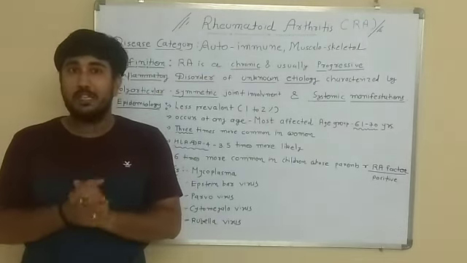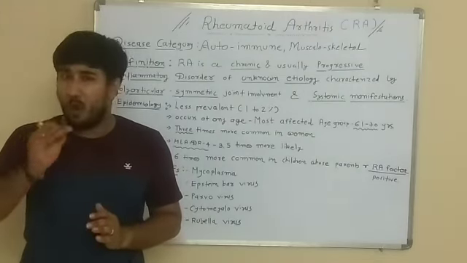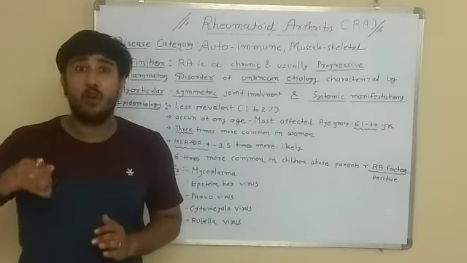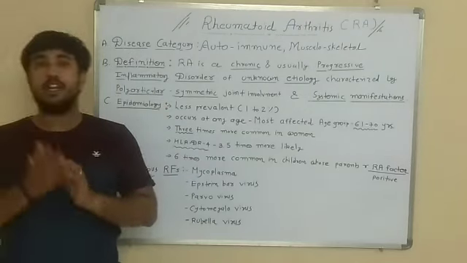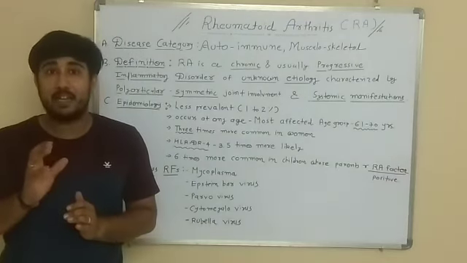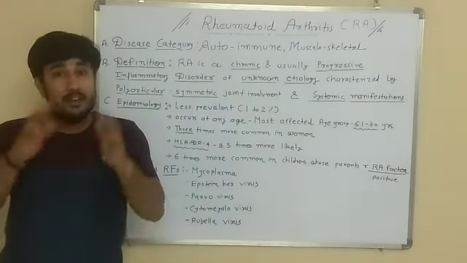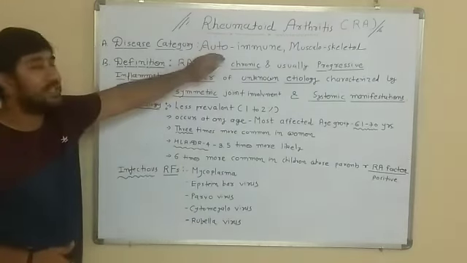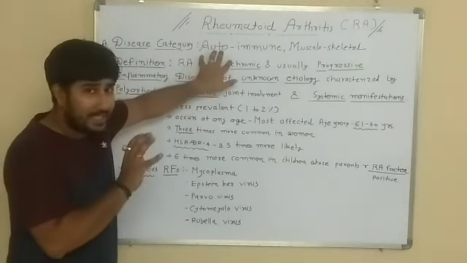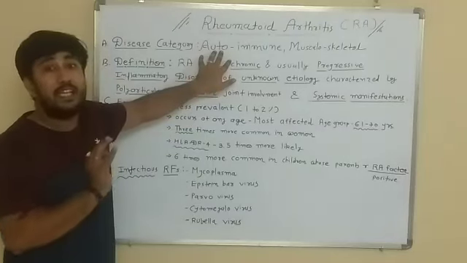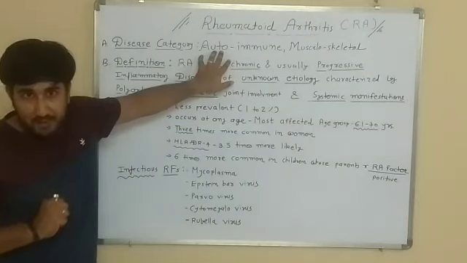Because autoimmune disease conditions are the conditions in which our body's immunity is targeting our own tissue, and in this particular case also, whatever autoantibodies are generated are targeting our own joints, surrounding muscles and different areas too, and that is why it is known as an autoimmune disease condition. So we can say that autoimmunity is the nature of this particular disease.